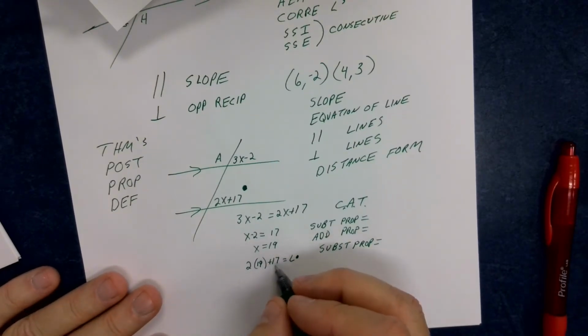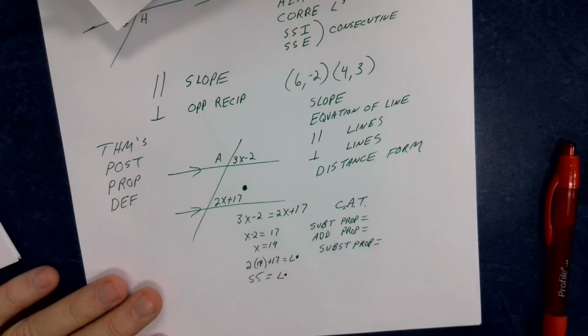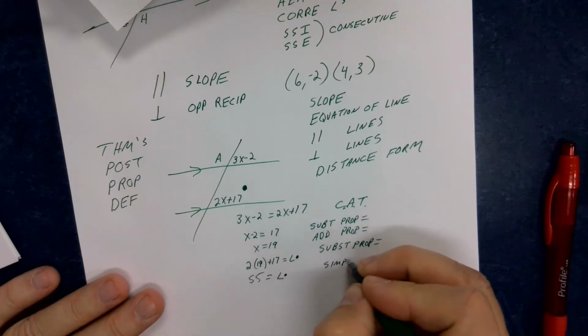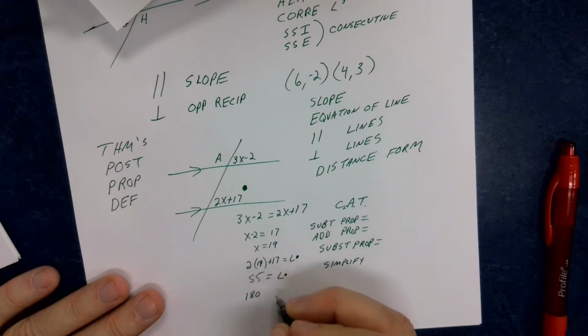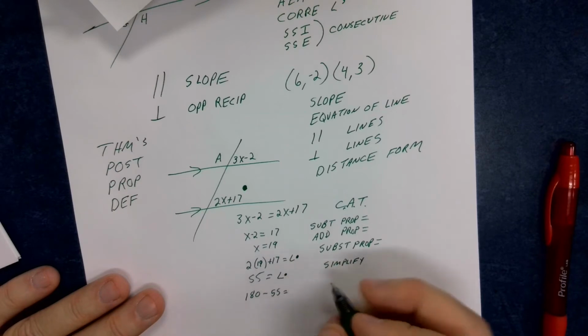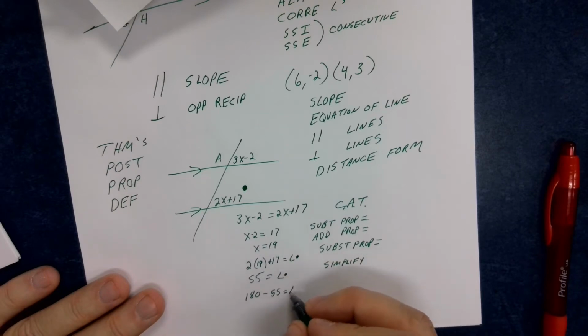And then 38 plus 17, angle dot is equal to 55, just by simplify, which means to actually do addition, subtraction, multiplication, division, whatever you got. And then we can do 180 minus 55 equals angle A.